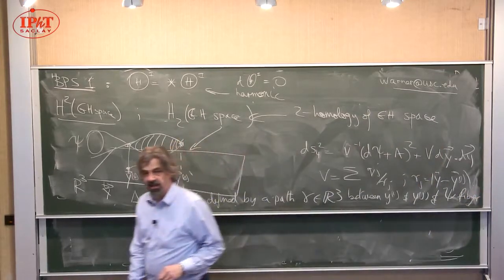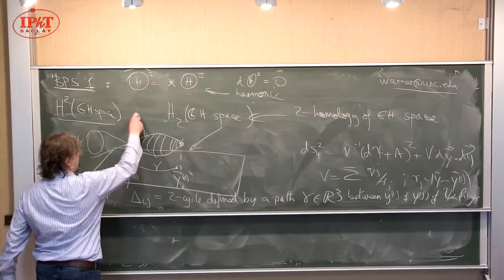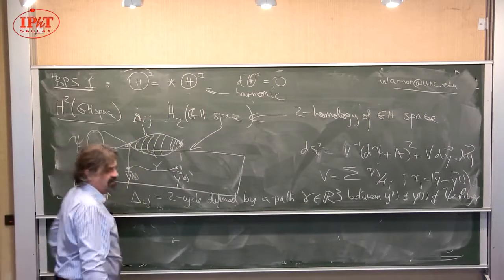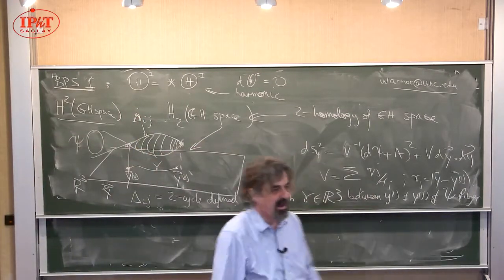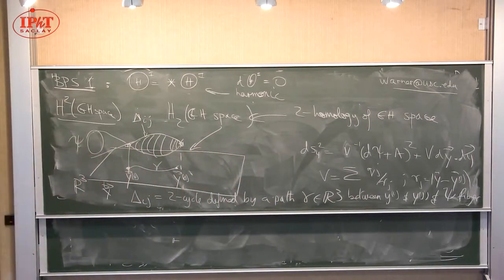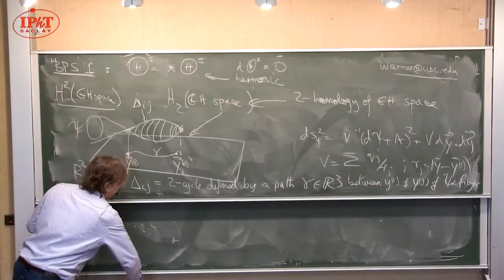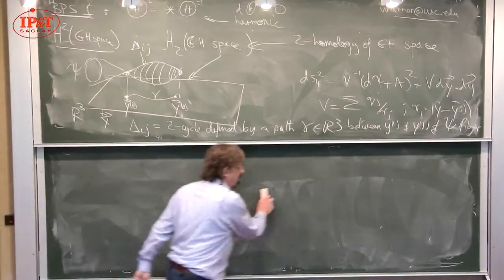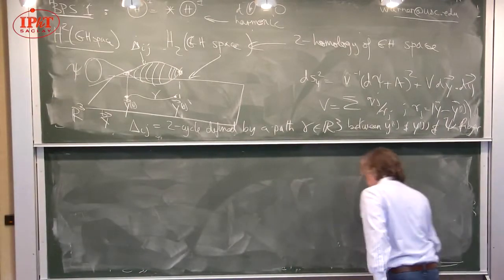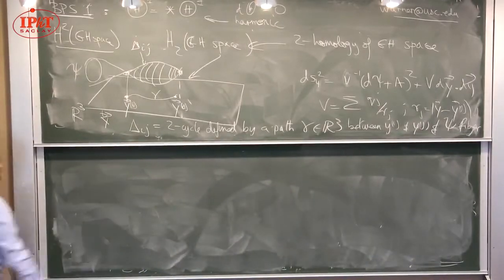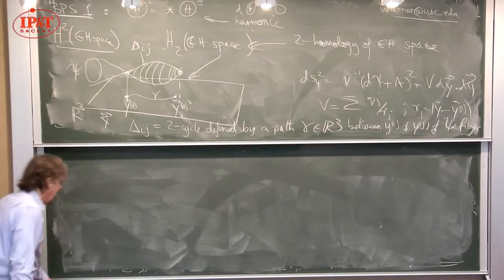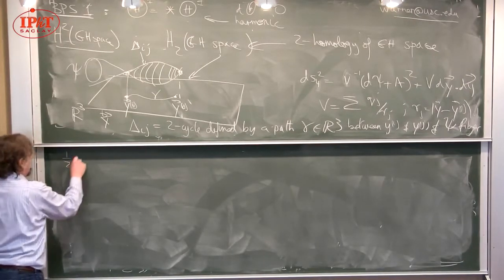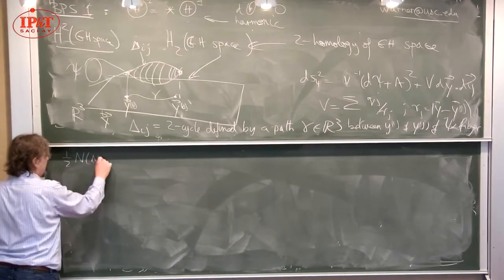As I've depicted here. This is delta ij. Okay. And if you choose a different path, that's just a homotopy equivalence. So therefore those cycles are homotopic, so it just cares about yi and yj. And I claim that's the 2-homology. And in particular, there are one half n times (n minus 1) choices of these delta ij's.